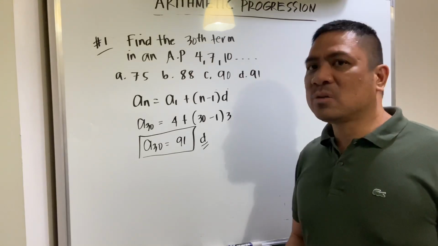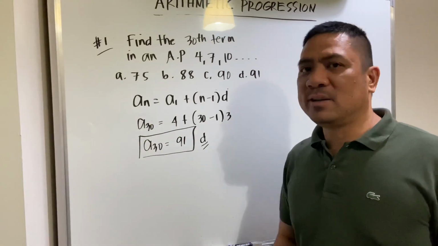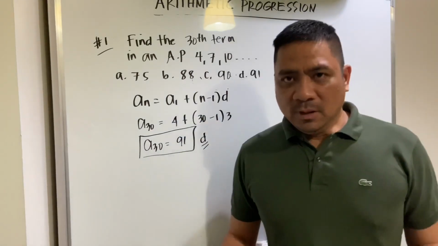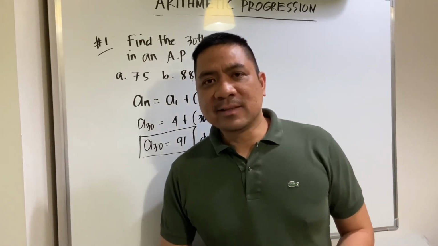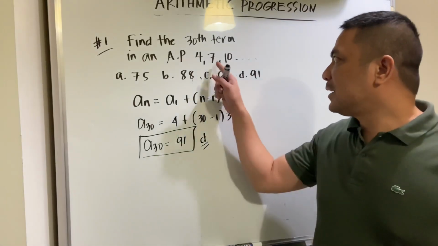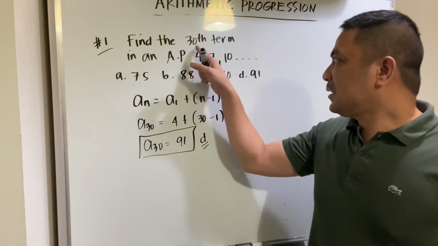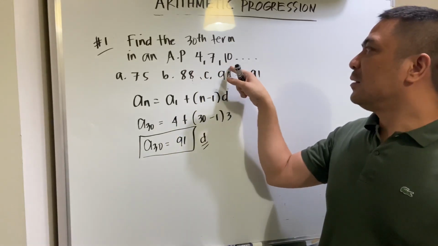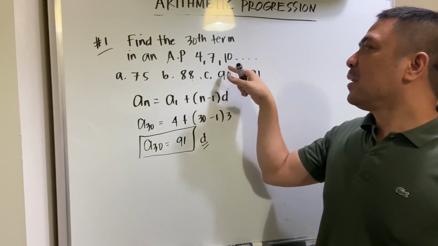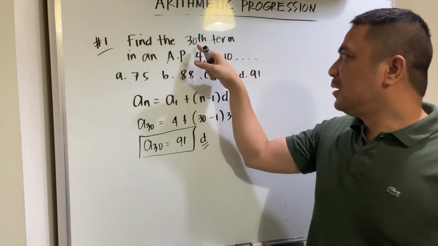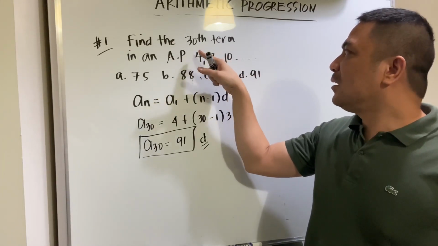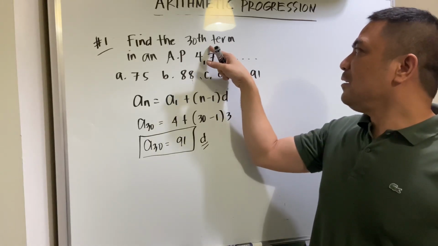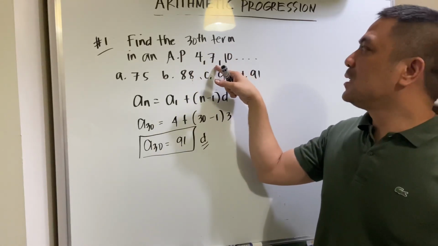So the best way to solve this one is using the general formula for finding the nth term of an arithmetic series. Also, if you try to analyze the series, you have 4, 7, 10. The first term is an even number, the second term is an odd number, and the third term is an even number. So if the term number is odd, the corresponding value is even, and if the term number is even, the corresponding value is odd.